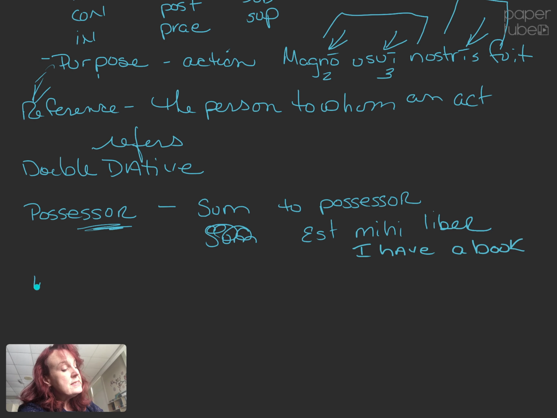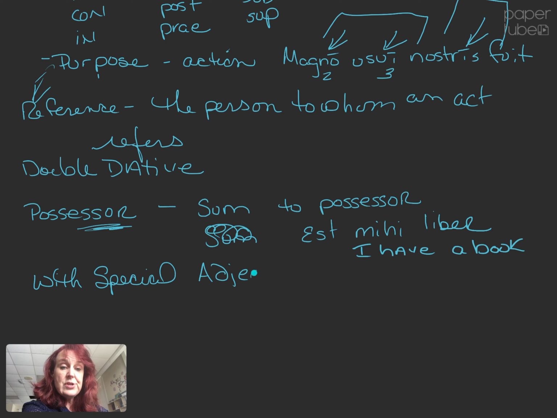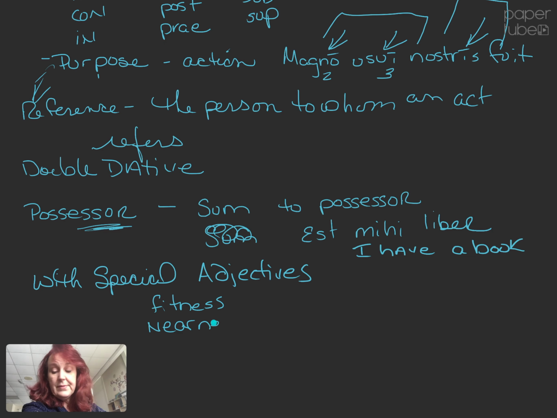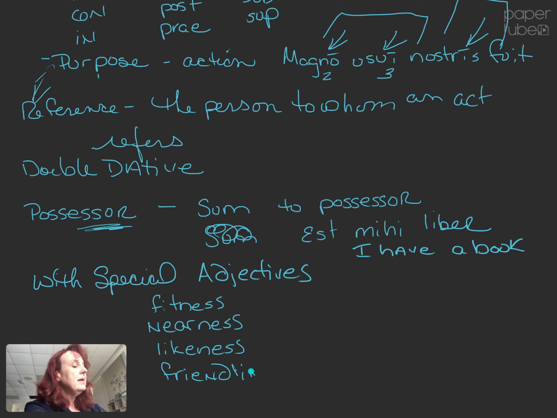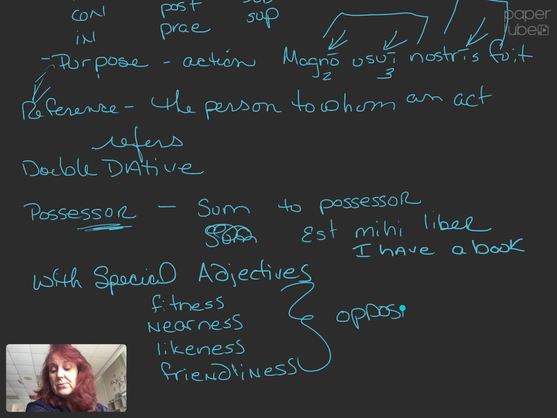We can also use dative with special adjectives. If you've already watched the genitive video, I did talk about the genitive adjectives in that video. The dative adjectives: fitness, nearness, it is near to me, it is in close proximity, likeness to me, friendliness to me, care for me, and the opposites, hostile to me, all of those take the dative.